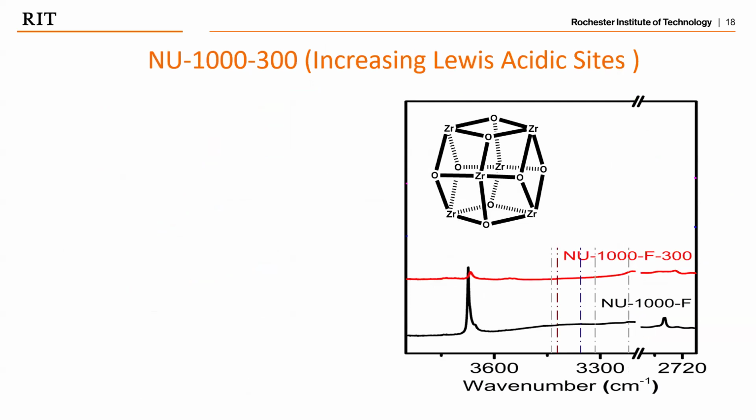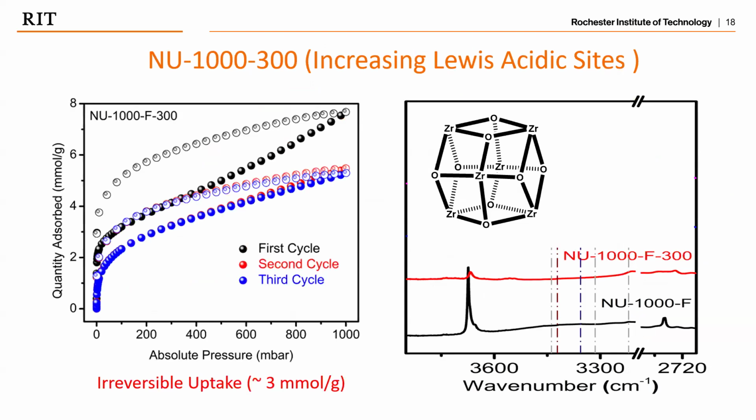Now, in terms of the Lewis acid sites, we used DRIFTS to confirm that we removed all the OH and all the surface water ligands. We got the irreversible uptake, but clearly it does not increase much.